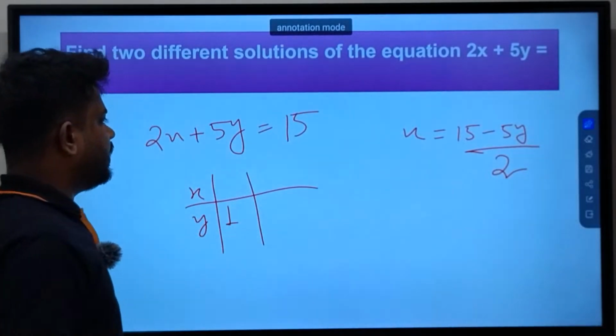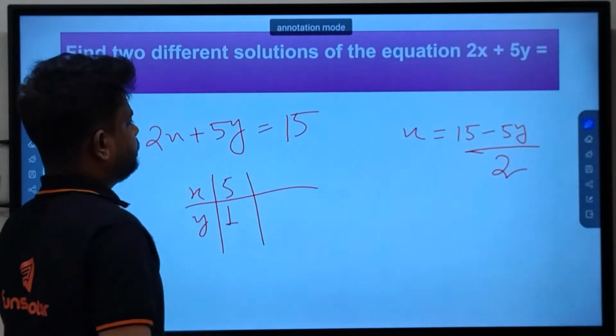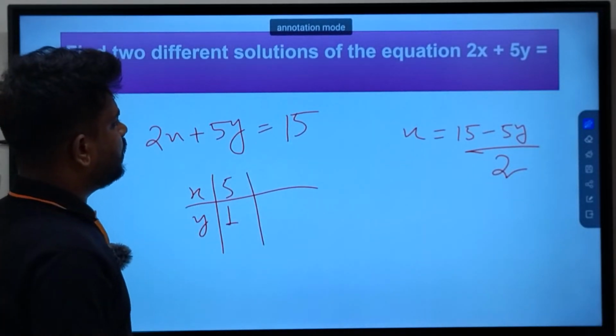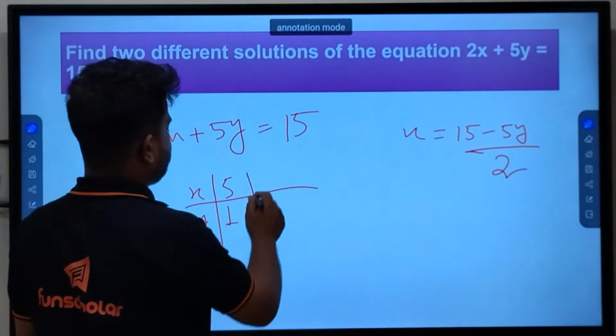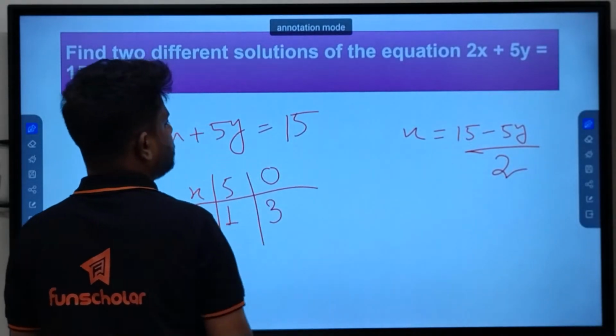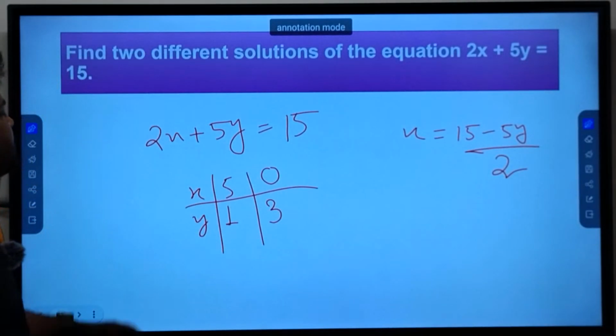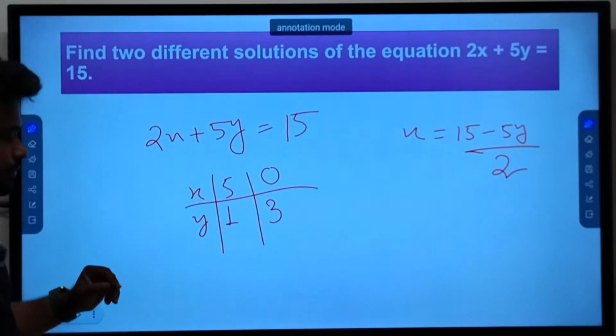If I put 1 in here, it will be 5 in x's place, and if I put 3 in here, then in y's place the solution will be 0. So these are the two different solutions for this equation.